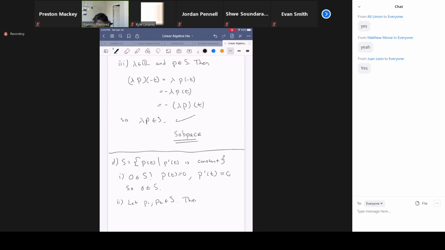Then taking the derivative of P1 plus P2 of t is just going to be P1 prime at t plus P2 prime at t. But since P1 and P2 come from S, they're also constant. So these things right here are also constant.